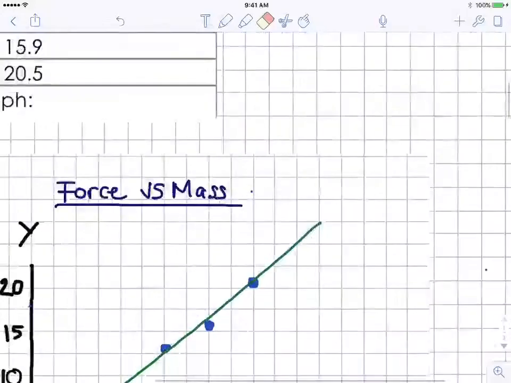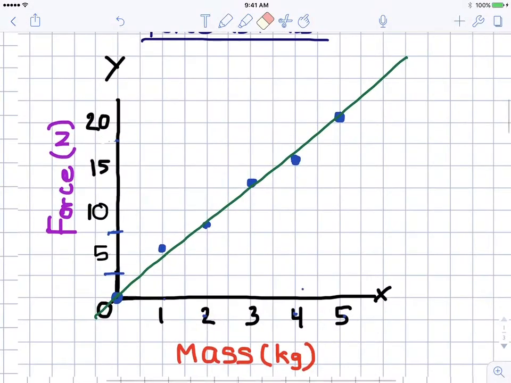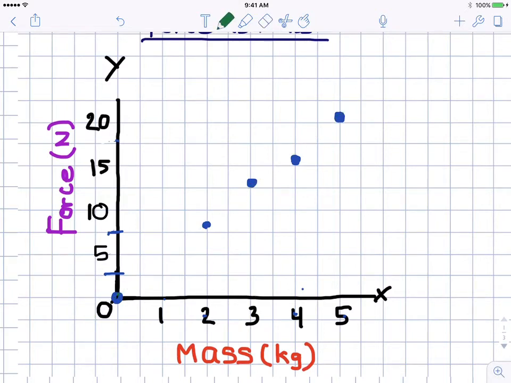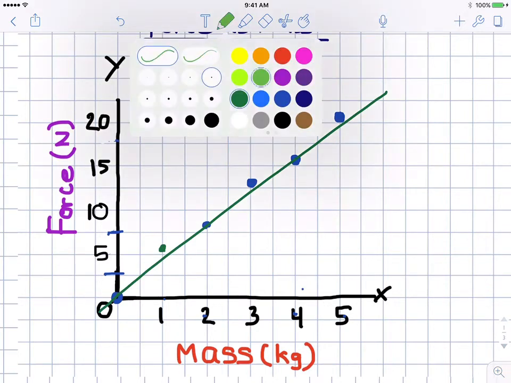So let's pick 2 points on our graph. I'm going to go with this point here. Oh, darn it. Sorry. I accidentally erased it. All right, there's our best fit line. I actually erased a data point, which was right about there. So let me pick 2 points. I'm going to pick this point here. Let me just change it.